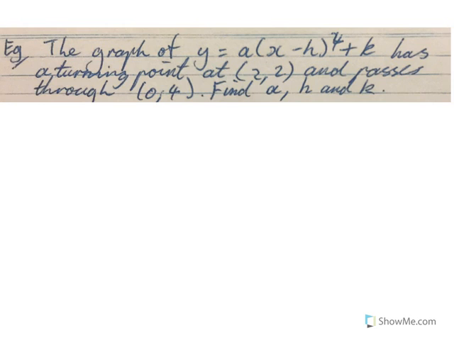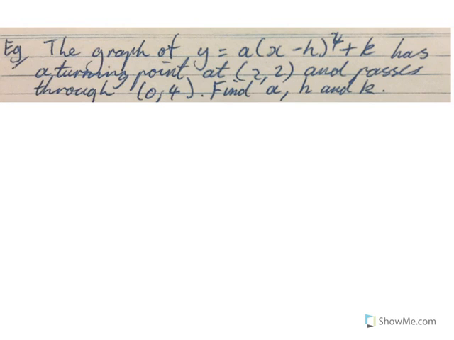This is something we're familiar with. The graph of y equals a (x minus h)... Oh, it's not a parabola, it's a power of 4 here. Quartic plus k, but it's the same. It's that same turning point form as a parabola.